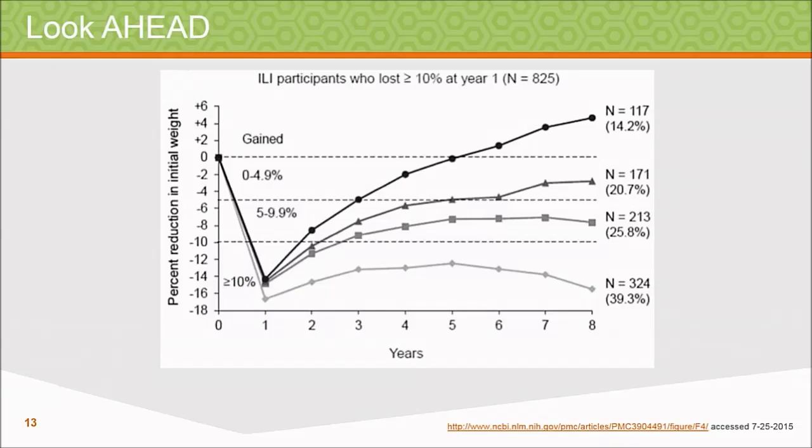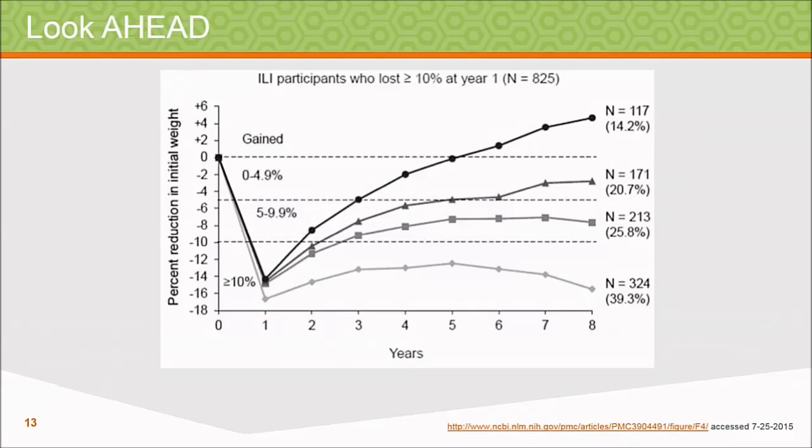But this is a study where we looked at a subset of the intensive lifestyle intervention participants in Look Ahead. Remember, Look Ahead was the trial looking at patients with type 2 diabetes doing more of a lifestyle treatment instead of just medical treatment. And this is looking at a subgroup of patients, you can see it in the title, that had lost at least 10% at the first year and then following them out for 8 years.